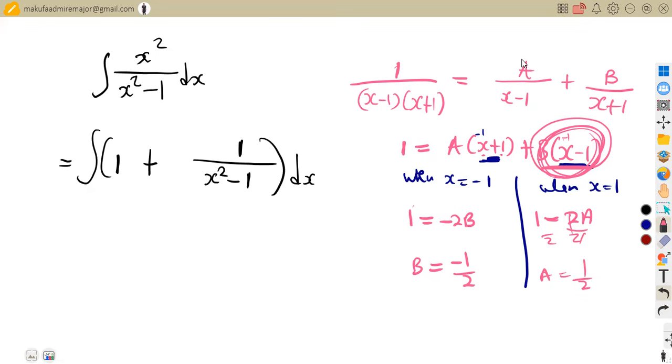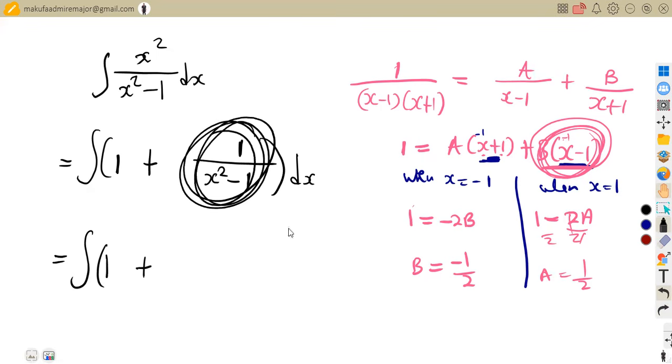So we've got our a being 1 over 2, our b being -1 over 2. This is what we are going to substitute here to say the whole integral is going to be 1 plus this part expressed in partial fractions, which is supposed to give us what? A over x minus 1, and our a is 1 over 2.